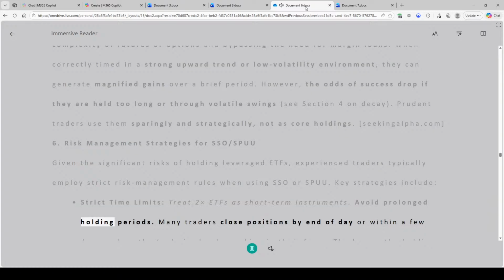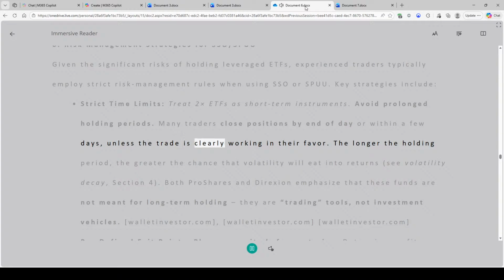Avoid prolonged holding periods. Many traders close positions by end of day or within a few days, unless the trade is clearly working in their favor. The longer the holding period, the greater the chance that volatility will eat into returns. See Volatility Decay, Section 4. Both ProShares and Direxion emphasize that these funds are not meant for long-term holding, they are trading tools, not investment vehicles.